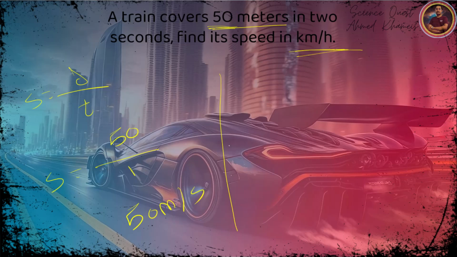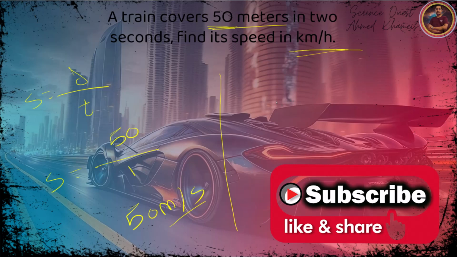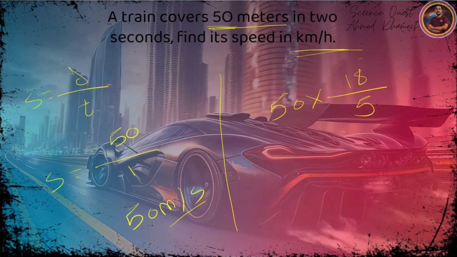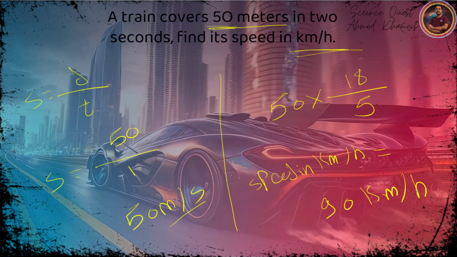To convert the measuring unit of speed from meters per second to kilometers per hour, we multiply by 18 over 5. So the speed in kilometers per hour equals 90 kilometers per hour.